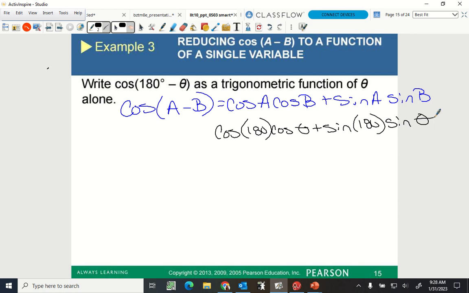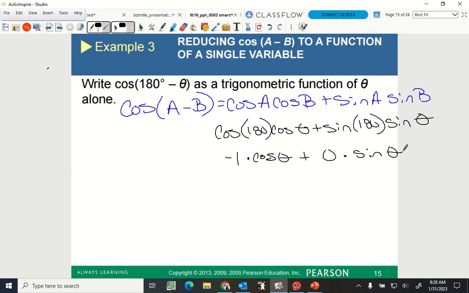Now, do we know what cosine of 180 is? Say yes. That is a known value. It's almost like I made you take a unit circle test over it. Cosine of 180 gives me what? -1. So this is -1 times cosine of theta plus, now what is sine at 180? 0. 0 times sine of theta.